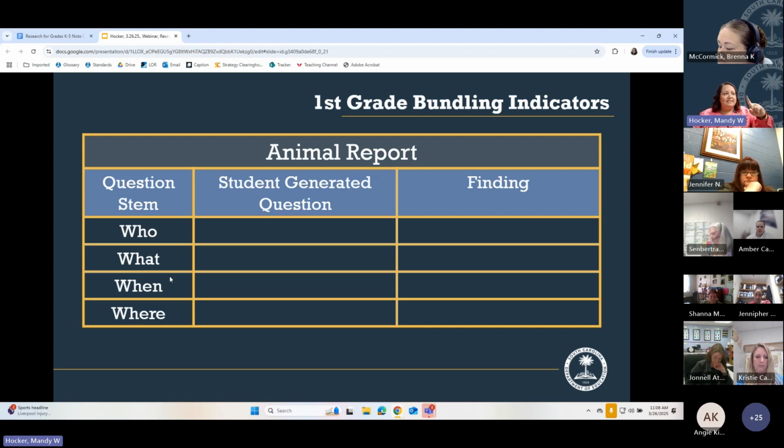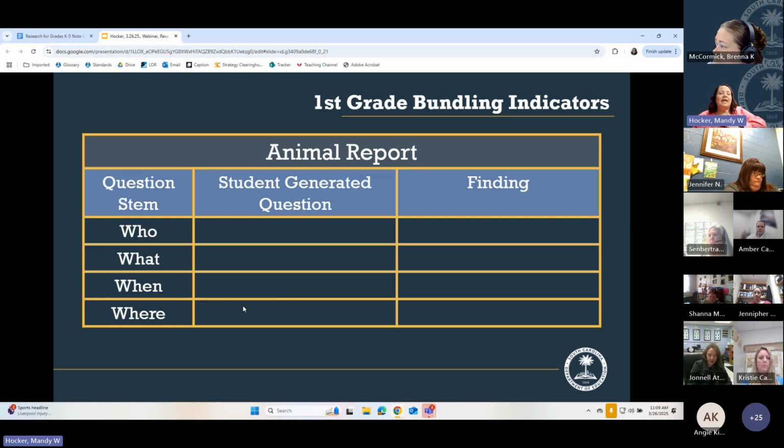What if we flip that idea and instead we just provided a question stem? The first word for each question may be that they could then student generate questions about their animal. Then they could engage in the research process and find the information or answer to those student-generated questions.